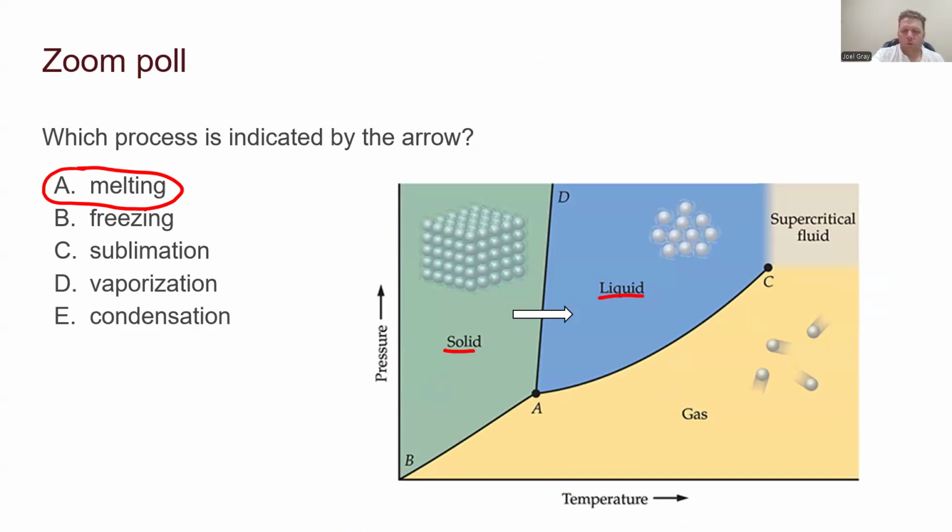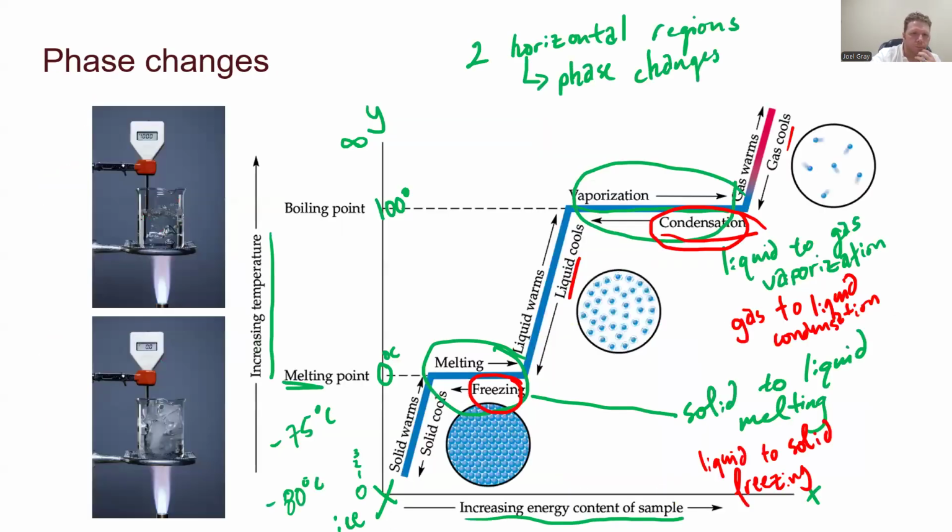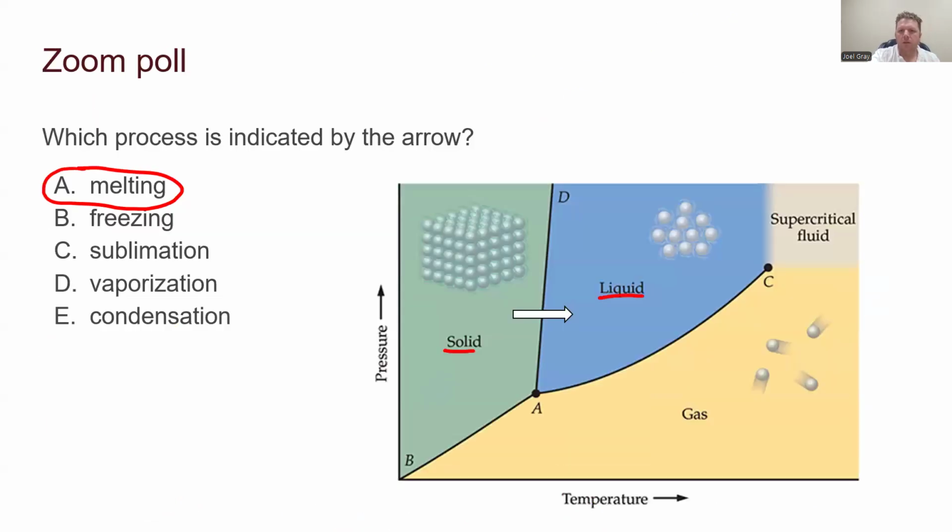Doesn't matter if it's ice going to water, any solid going to a liquid. Sodium at a certain temperature will melt. Which process is indicated by the arrow going from a gas to a liquid? Ooh, gas to a liquid, that is condensation.